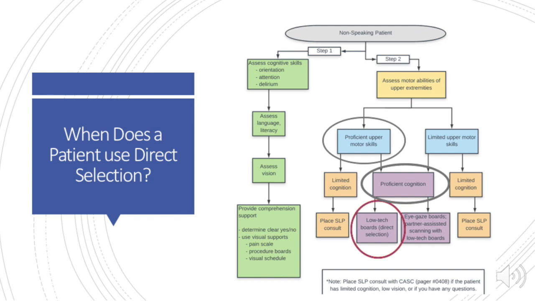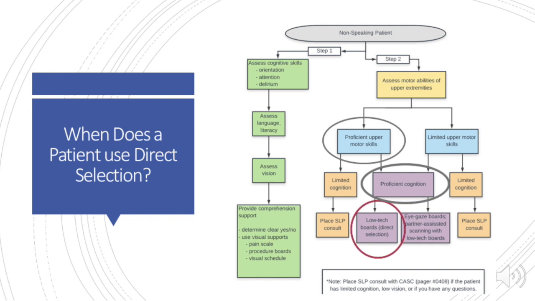Once we have assessed the patient, then we are going to move on to the right-hand portion of this chart under step number 2. Next, we are going to assess the patient's motor abilities, and this is especially important for direct selection. So we will assess their upper motor skills. In order to use direct selection, the patient must be able to reach out to their communication board and isolate a finger in order to select symbols.